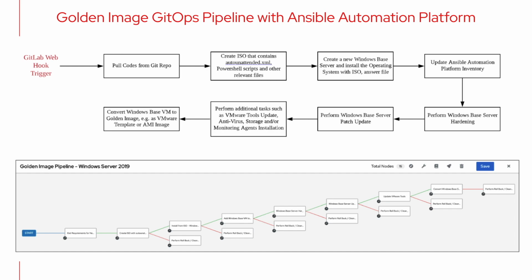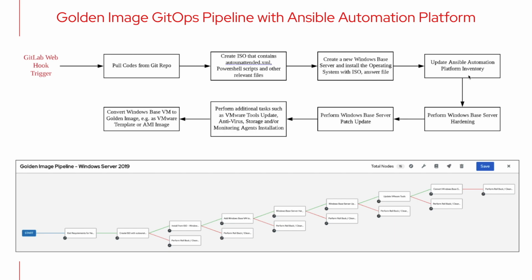The PowerShell scripts and other relevant files will also be packed into this second ISO. After this step is done, the next step is to create a new Windows-based server and to install the operating systems with the relevant ISOs and answer file.